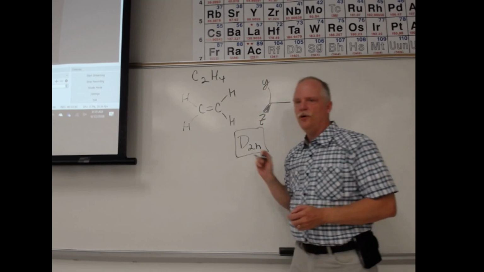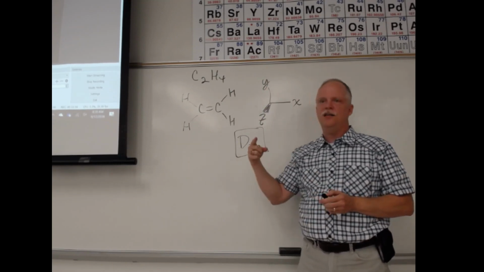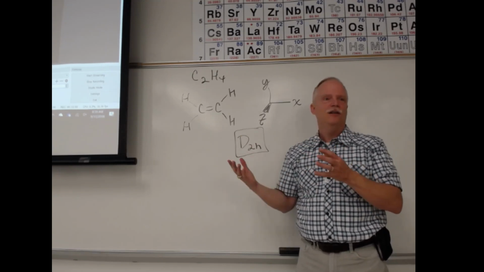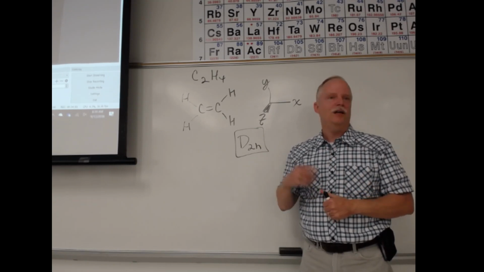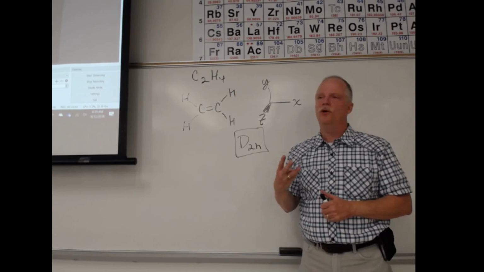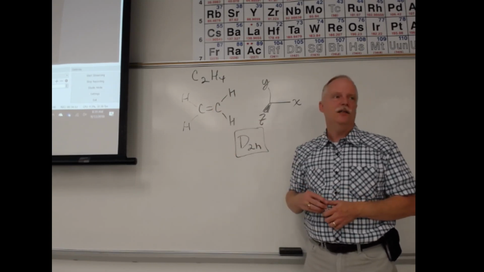So that's the point group for this molecule. It's D because you find the C2 axis and there are 2 perpendicular C2s. And so that's what throws you over into the D groups, meaning D2h, D2d, or D2. So it's one of those 3 point groups. And because it has that horizontal plane, then it's D2h.